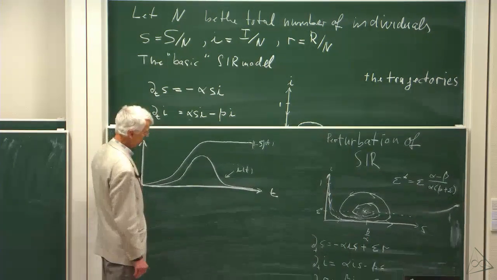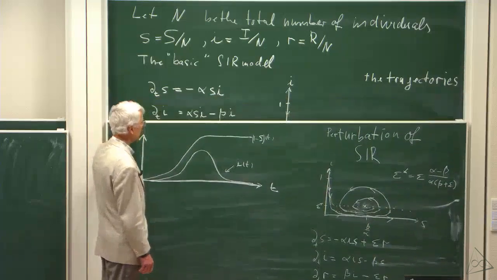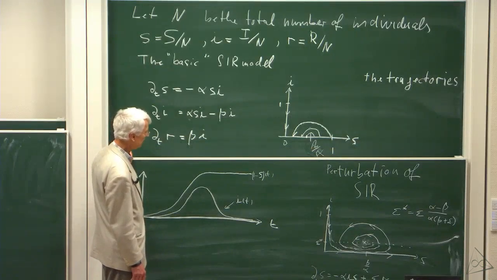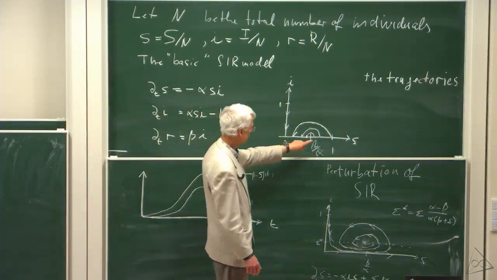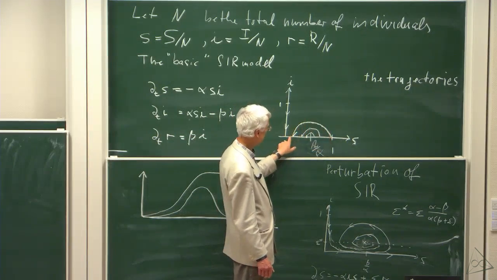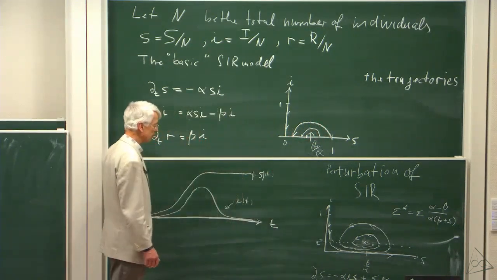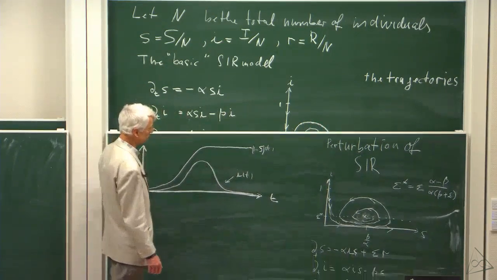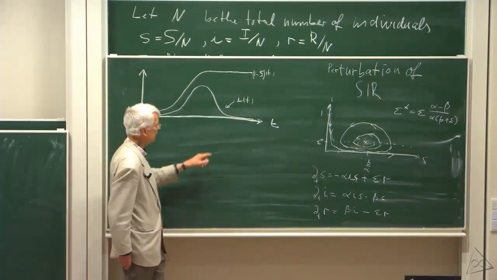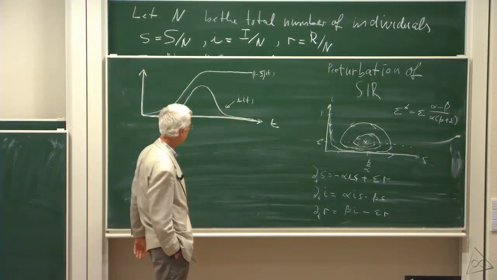So now you see I was able to clean the blackboard, and I'm trying to show what you see in the data. What corresponds to what I call the trajectory, the course of the epidemic, in the data which are usually shown? Usually you are shown the number of newly infected per time, per week or something like that.